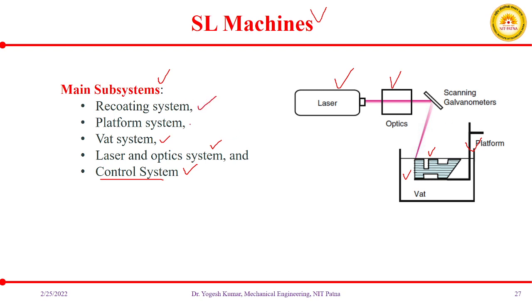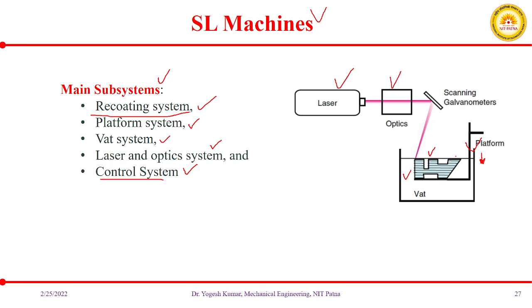You will see what the functions of these subsystems are. Let's say for the recoating system, what is the recoating system? Recoating ensures that liquid resin is available above your previously solidified layer. For that we have a mechanism to lower the build platform as soon as the layer is solidified.